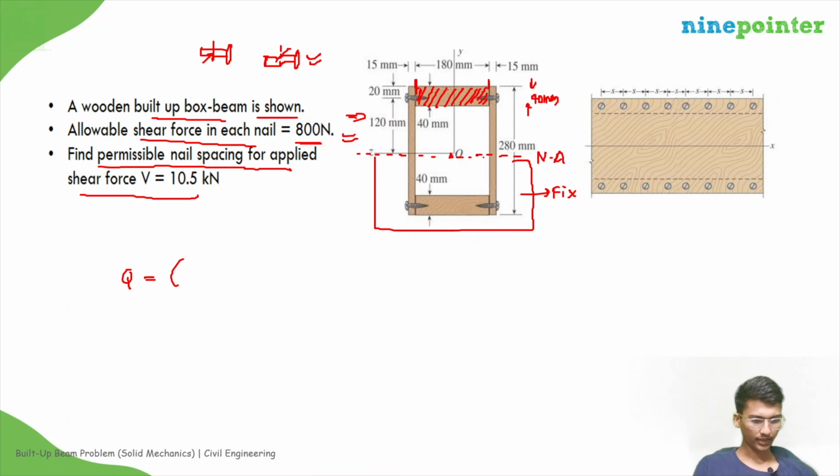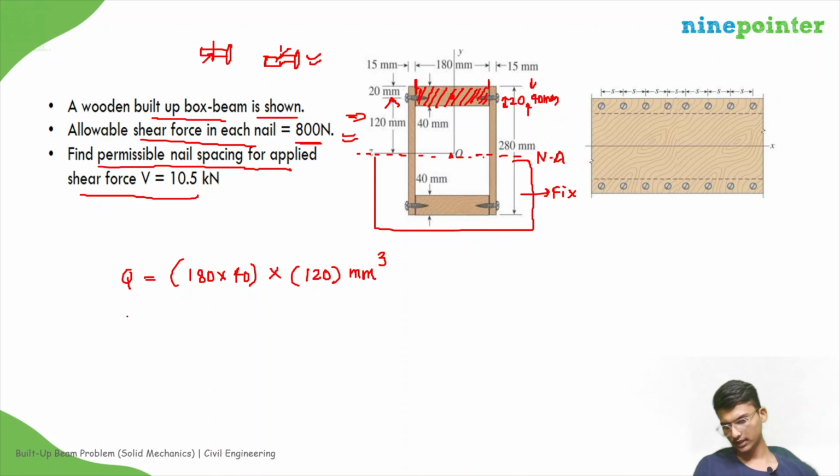So 180 into 40 is the area, into the centroid's distance from the neutral axis. That centroid is present over here, so this will be 20, and this is already given as 120. So this is in mm cubed, right?